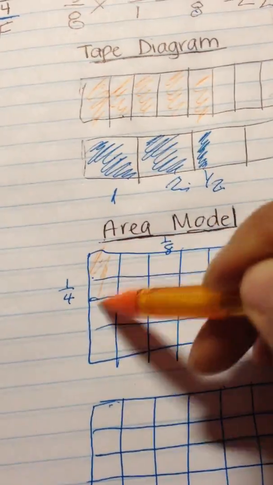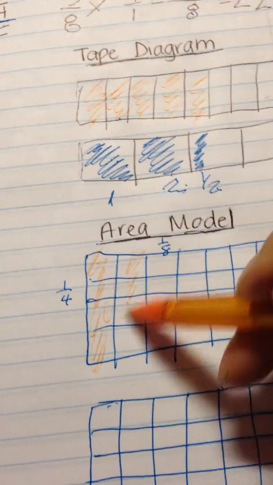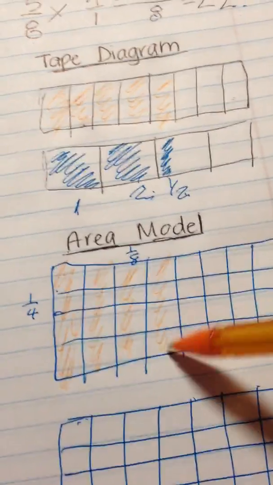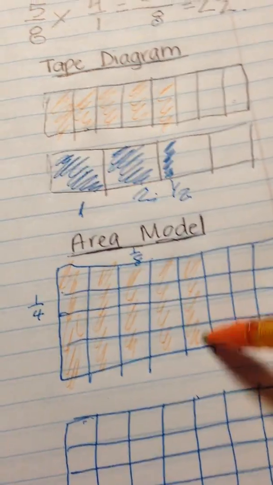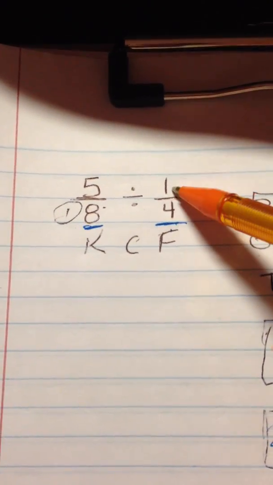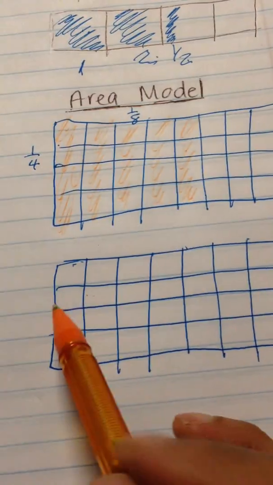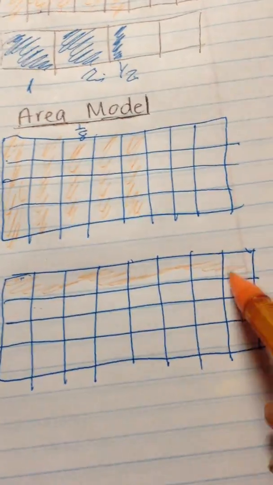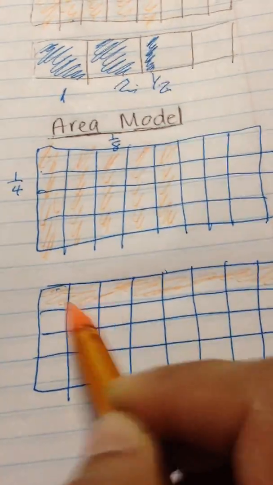So I color in 1 column, 2 columns, 3 columns, 4 columns, and 5 columns. All right, now the bottom says take those 4 rows and color in 1 row. So these are our rows going across, and we are just going to color in one whole row, not one box. Okay, so we colored in 1 whole row.